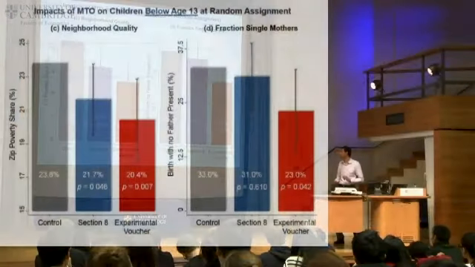And so you see that these children are in fact living in better neighborhoods as adults. And that's important because it suggests that that initial housing voucher subsidy not only has an effect on the current set of children, but on their subsequent children, so on the grandchildren of the original MTO participants, because there are persistent improvements in the quality of neighborhoods for the subsequent generations.